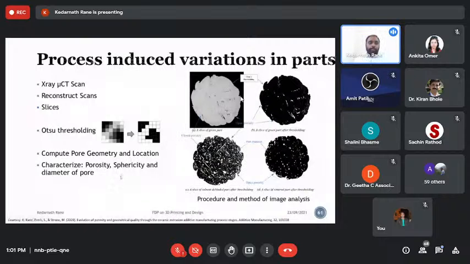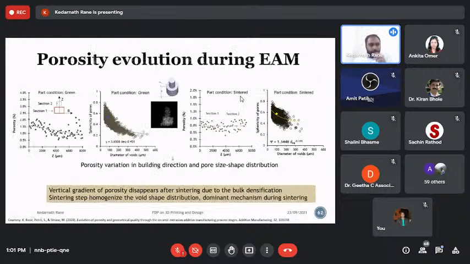Then we did some numerical modeling to validate porosity, sphericity, and diameter of pores through these process steps. And I would like to compare here the green and sintered conditions. You can see through microtomography, you can visualize the porosity throughout the part.